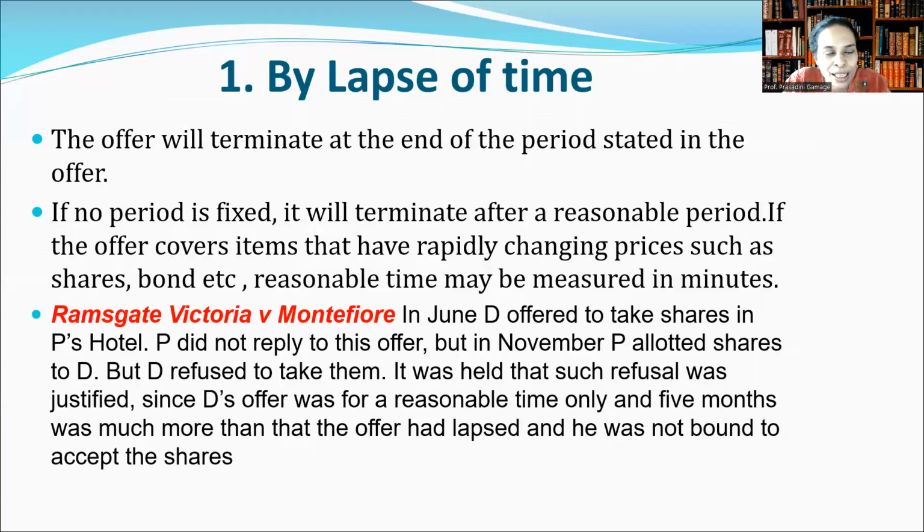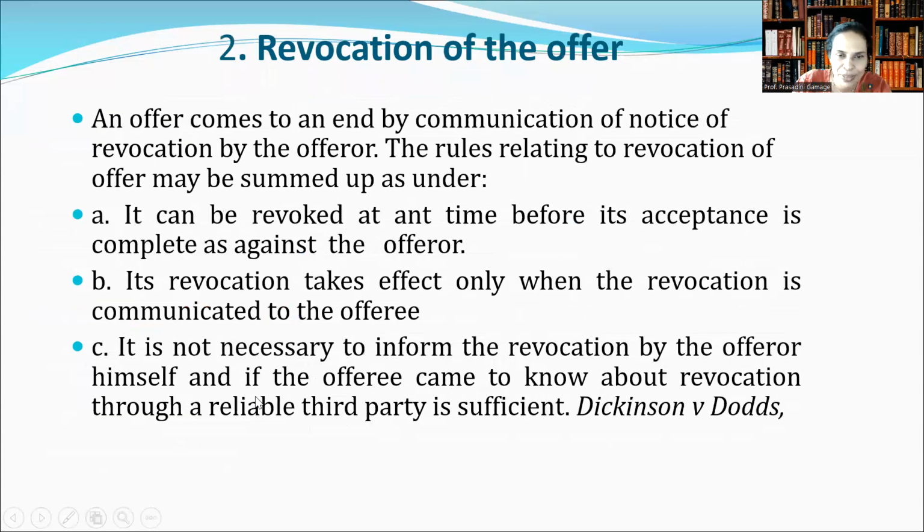So therefore, D had given up his idea to purchase shares from that particular hotel due to the long period of time they took to accept the offer. That was justified by the courts by considering the nature of the subject matter.